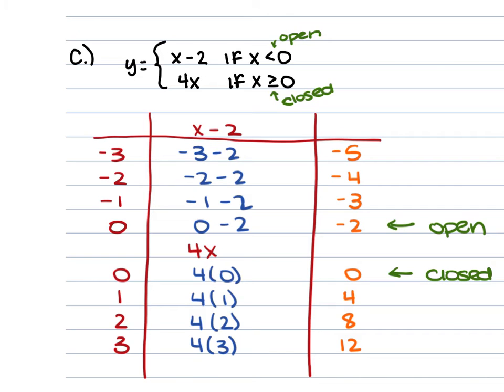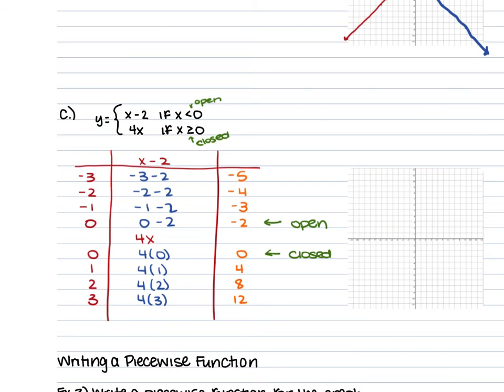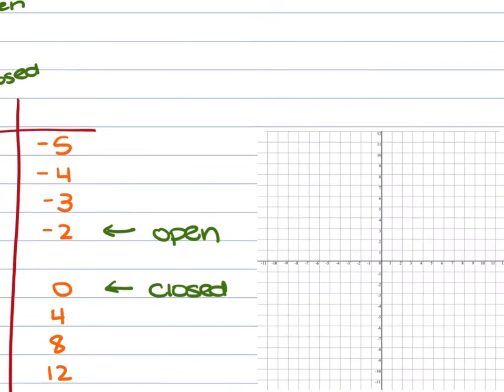So all I have to do now is graph these ordered pairs on the number line and draw a line through them. For my first function, I'm going to graph this line in red. I have the negative 3, negative 5.